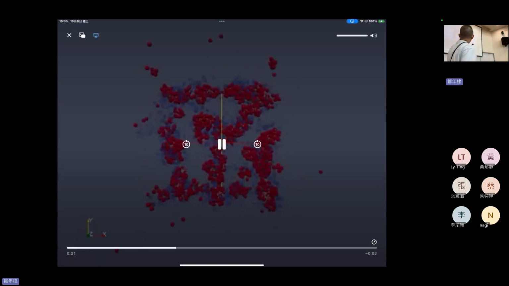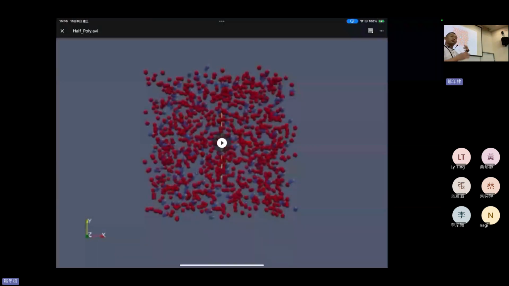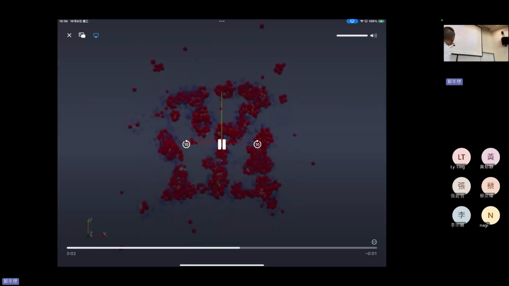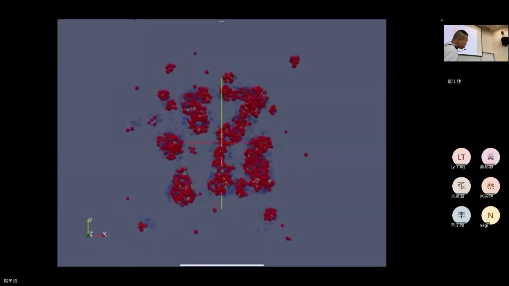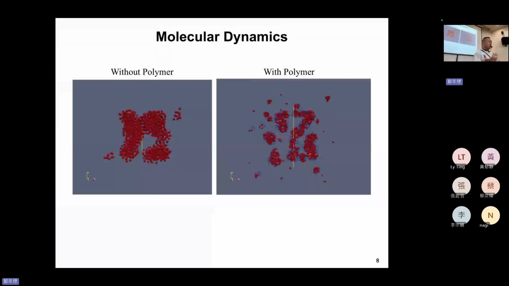So you can see that after the blue particles try to prevent them from over-accumulating, it becomes a proper size, not combined too much. Okay, that's it. So just a small toy model, to try to give you some idea.